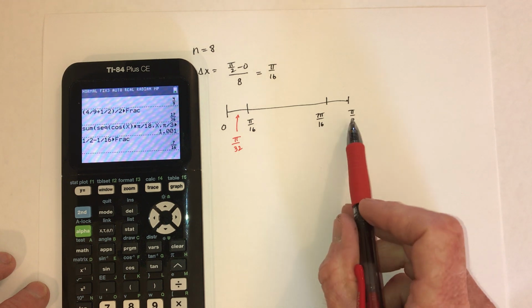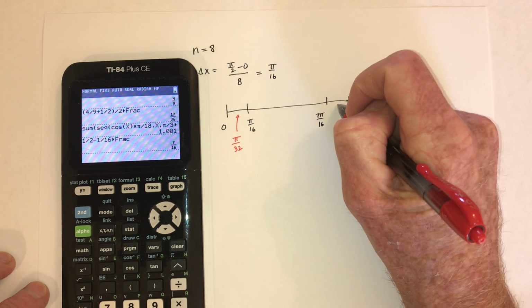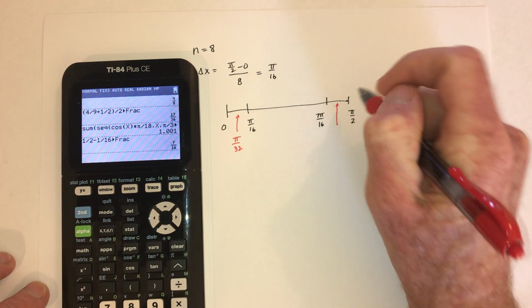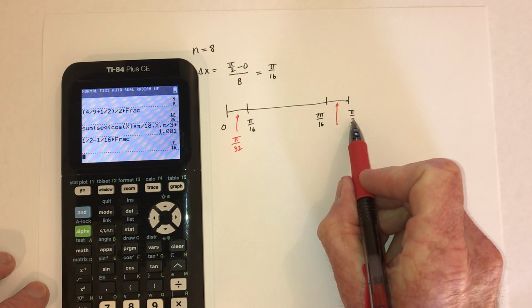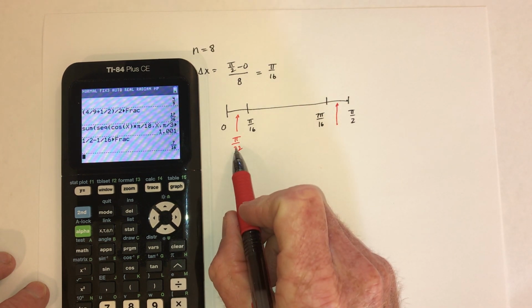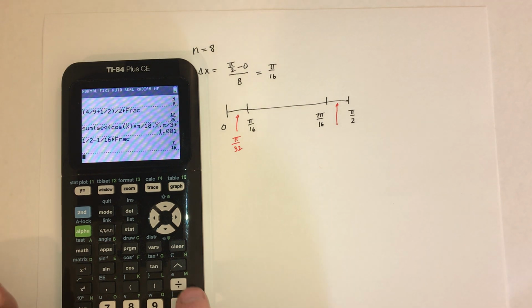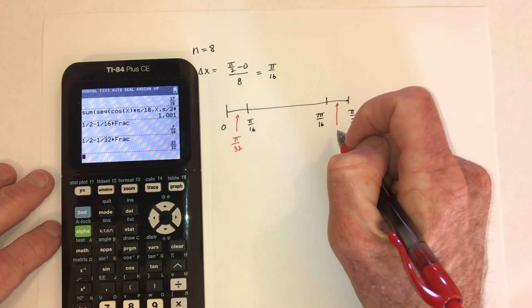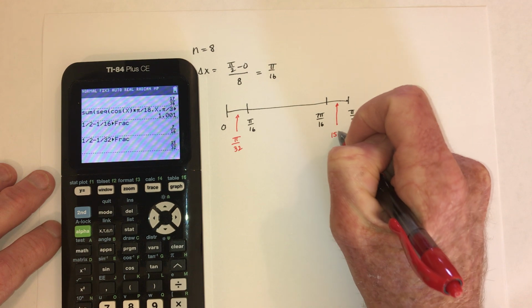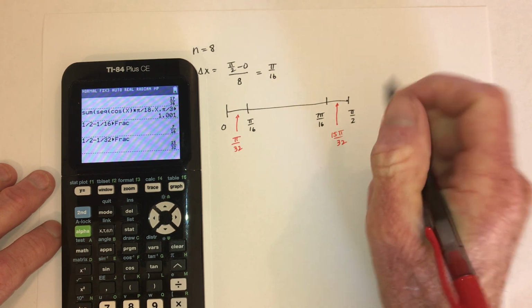And then you can average these two, or you could say this point right here is going to be pi over 2 minus pi over 32. So I'll leave off the pi. 1/2 minus 1/32 is 15 pi over 32.